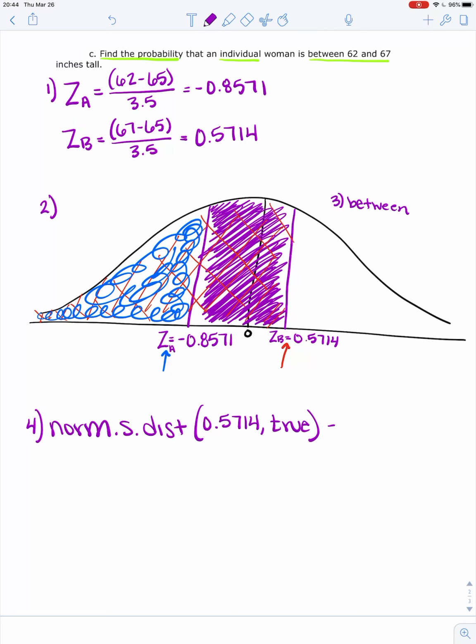And then you're going to subtract norm.s.dist. I ran out of room. And you're going to plug in the smaller z-score, ZA. By doing the subtraction of each of these, the answer is going to be just that area in the middle that we're looking for.